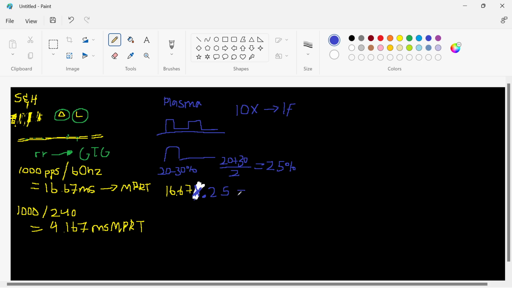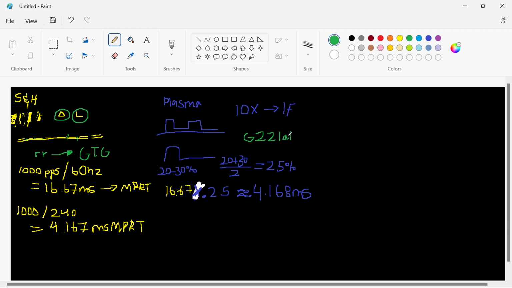And that comes out to 4.168 approximate. These are all approximate milliseconds. And this is the maximum persistence reduction possible. But like an LCD, you're suffering from gray to gray latency.